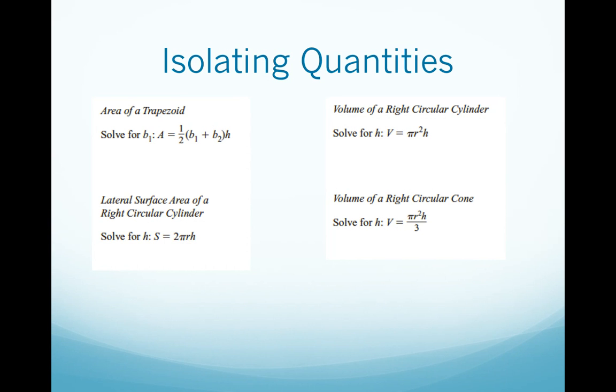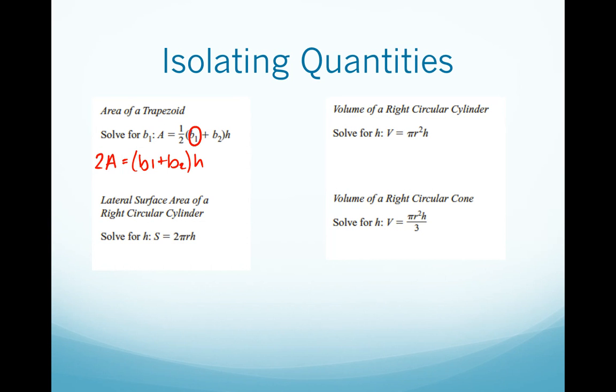And then as far as the isolating quantities go, this is just solving for a missing variable, and you treat all of the other variables like they are numbers. So you have these formulas, and in this first one with the area for a trapezoid, we want to isolate this b1. I would get rid of the 1/2 first. So you multiply both sides of the equation by 2. So 2a equals b1 plus b2, and then we have that h on the end.